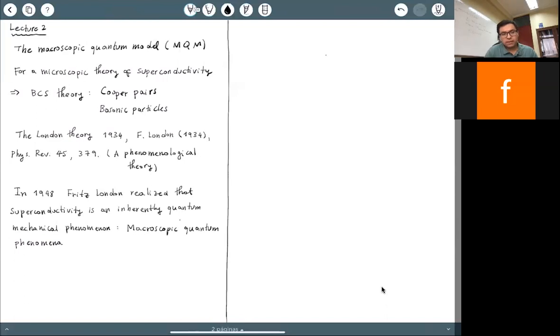That means, of course, this is the important concept that appears here in condensed matter: emergent phenomena. In the sense that this is a very complex system.